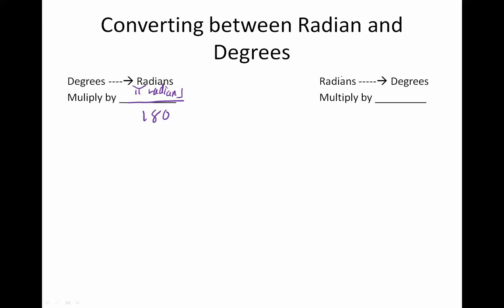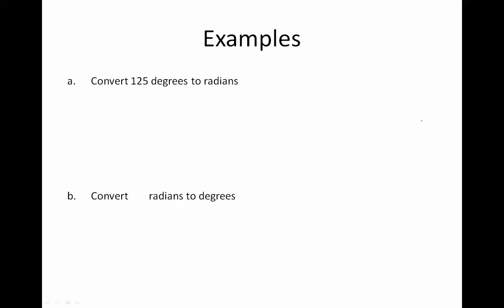To convert something from radians to degrees, you're going to multiply by 180 over pi radians. They're reciprocals, right, when you're multiplying to convert between the two. So let's do 2 examples.